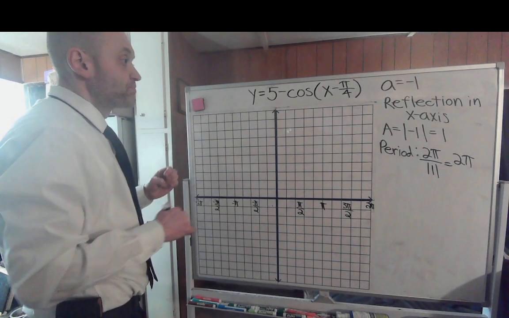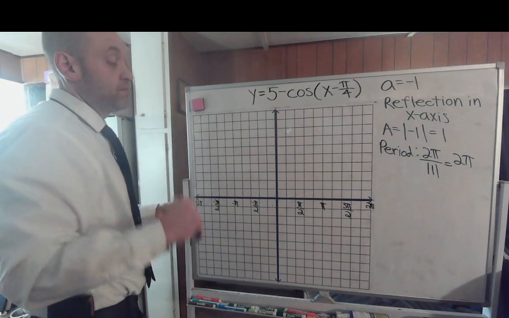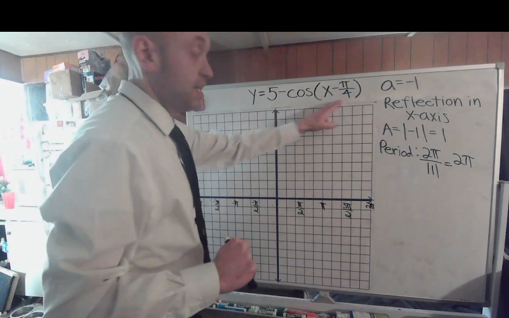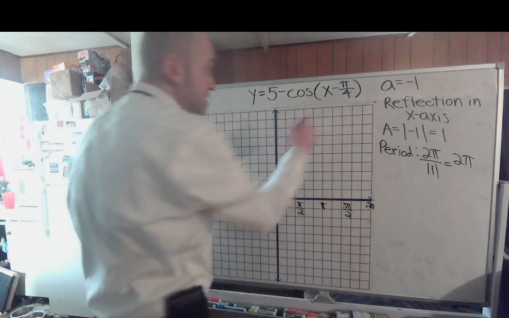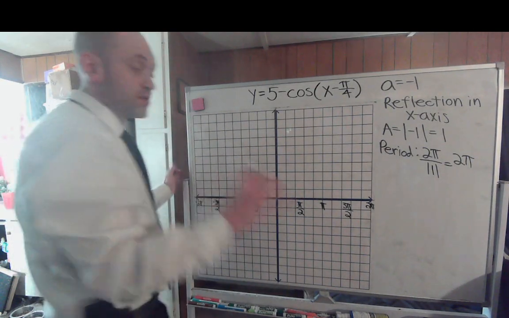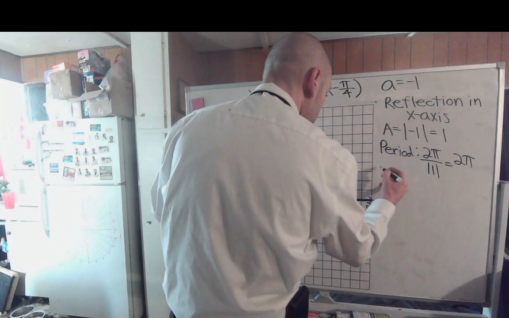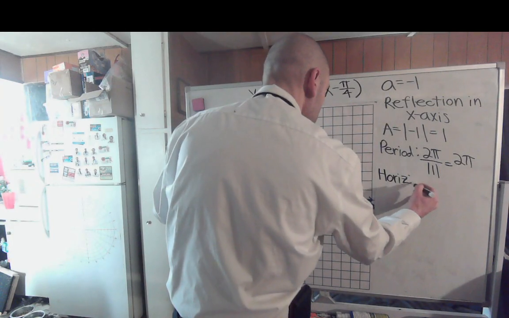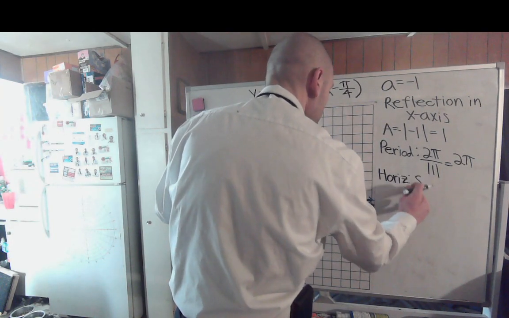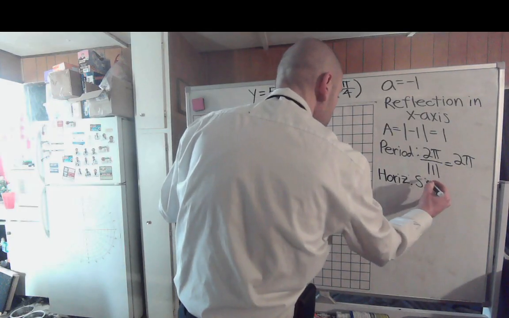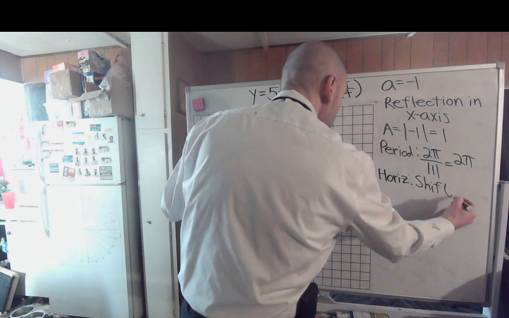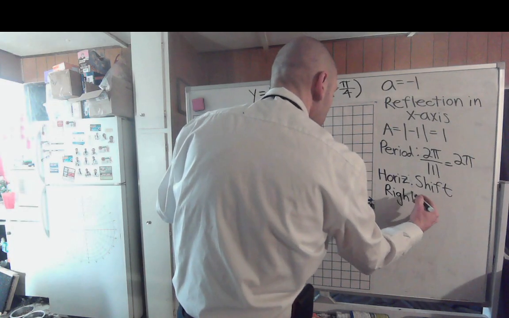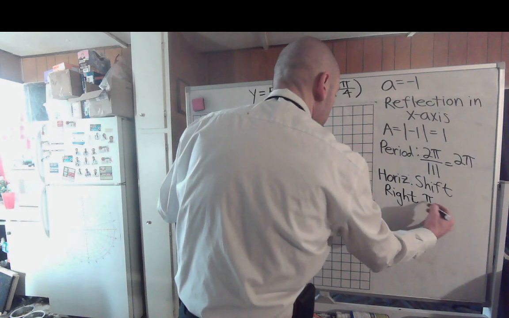Now, what about, let's start with horizontal shifts. Look at your parentheses. That x minus pi over 4, we're horizontally shifting it right pi over 4 units. Horizontal shift right pi over 4 units.